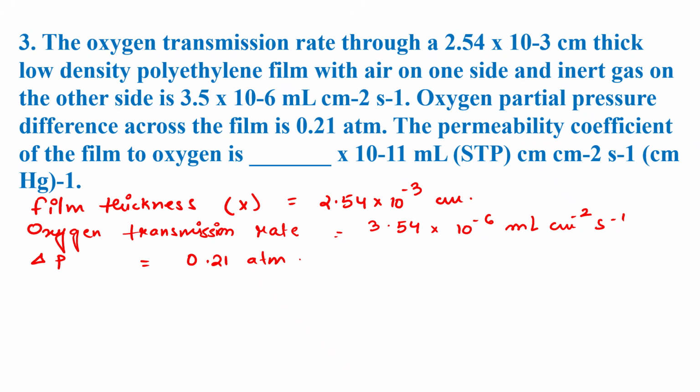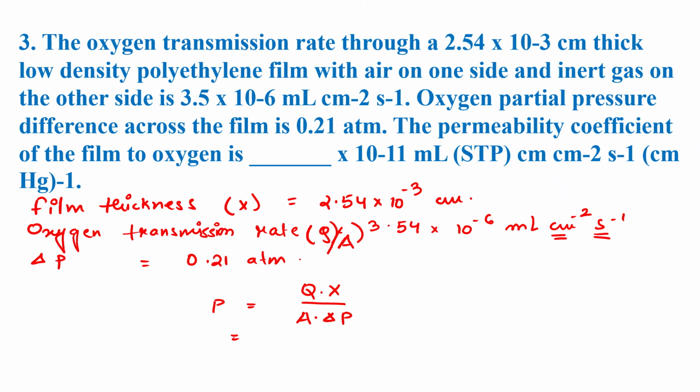So we'll denote it by Q over here. Since area has been given, Q by A will be there, so our permeability coefficient, that is P, is equal to Q into X by A into del P. Just put the values over here.